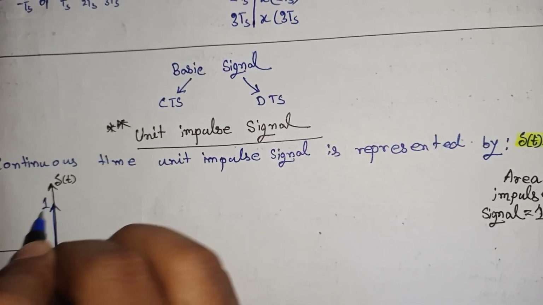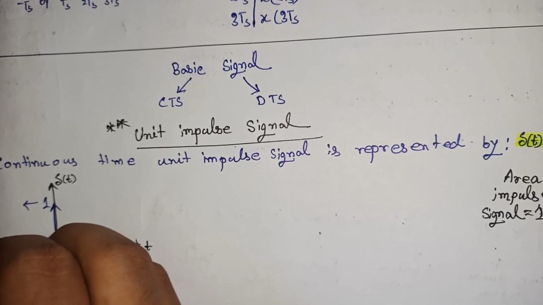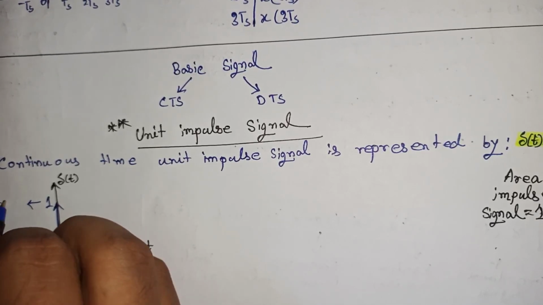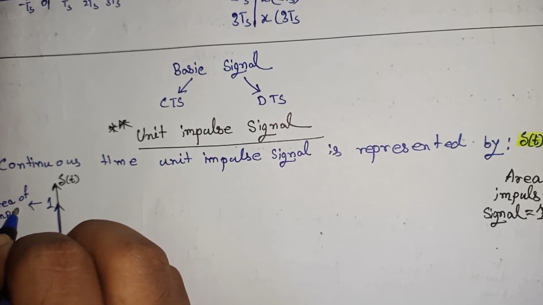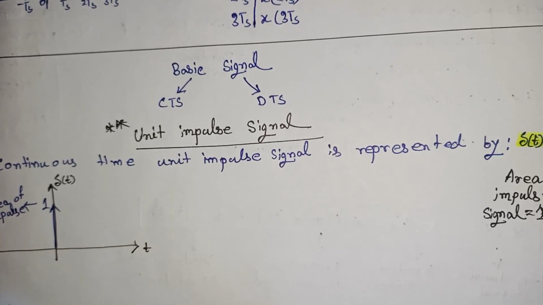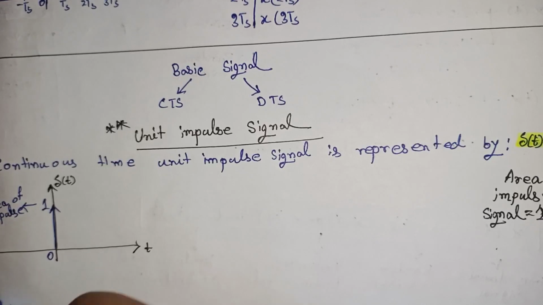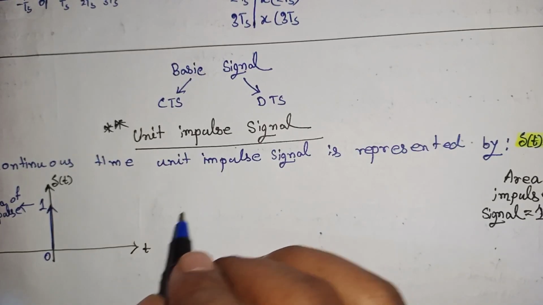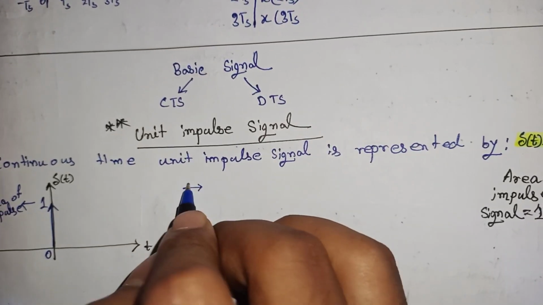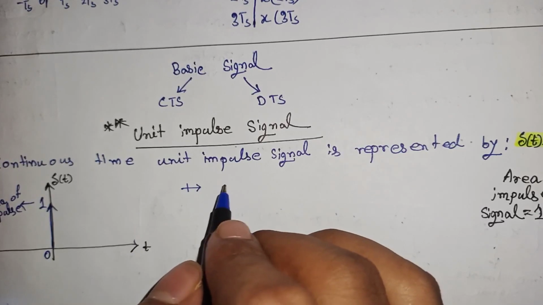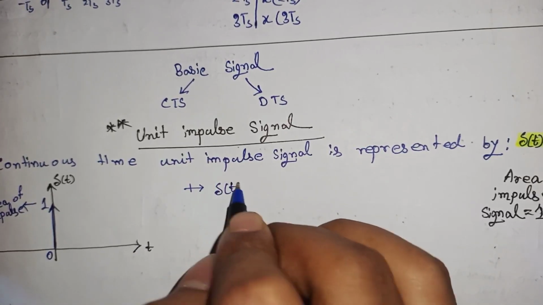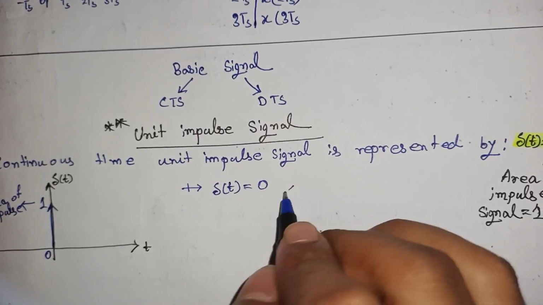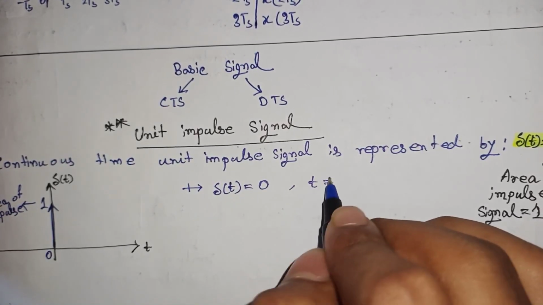It is 1, which represents the area of impulse signal. So if we define the continuous time unit impulse signal, then first is del t equals to 0 for t not equals to 0.